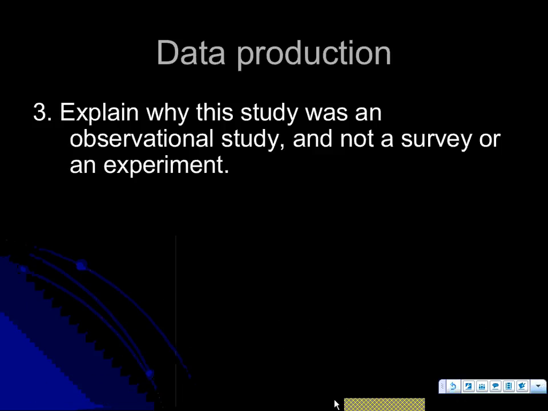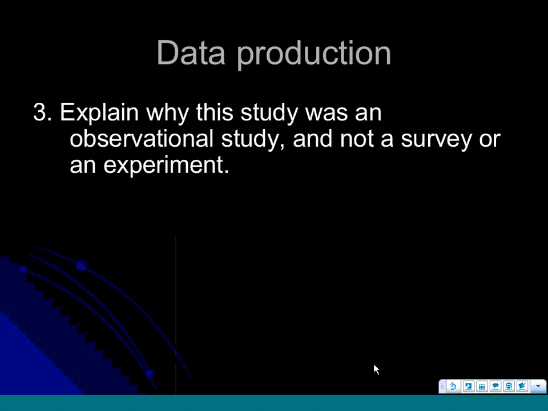In fact, one comment specifically addressed one of the things I'm going to ask about. So in this module, we're trying to help students distinguish between observational studies and sample surveys and experiments.